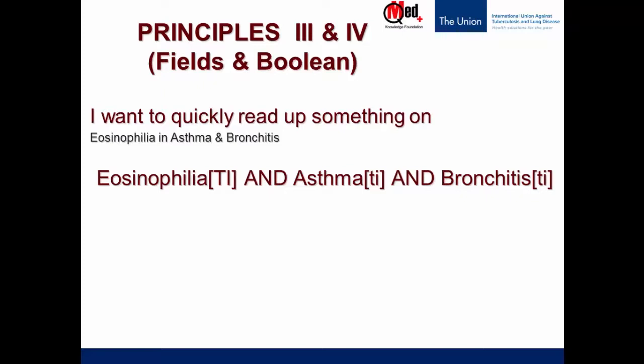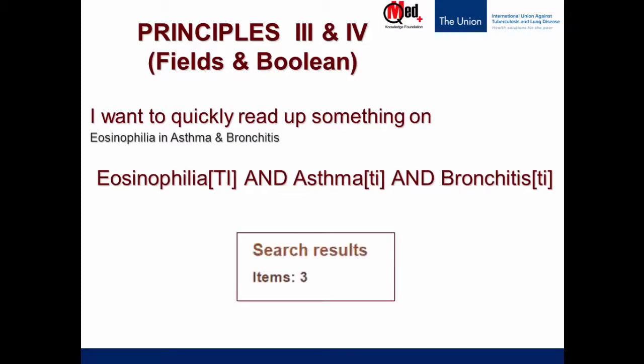So in an ideal situation, we should get somewhere like 25 to 35 records where all of them have all the three terms in the title. But let's say we got just 3 results. Yes, the ideal search is MeSH to get everything, but we still want something which is a quick read.